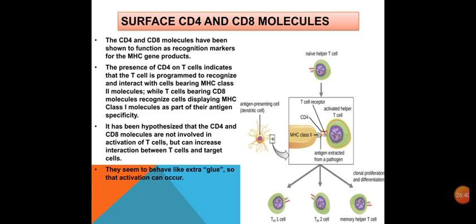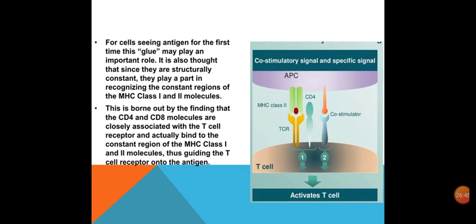They seem to behave like extra glue so that activation can occur. For cells seeing antigen for the first time, this glue may play an important role. It is also thought that since they are structurally constant, they play a part in recognizing the constant regions of the MHC class I and II molecules.